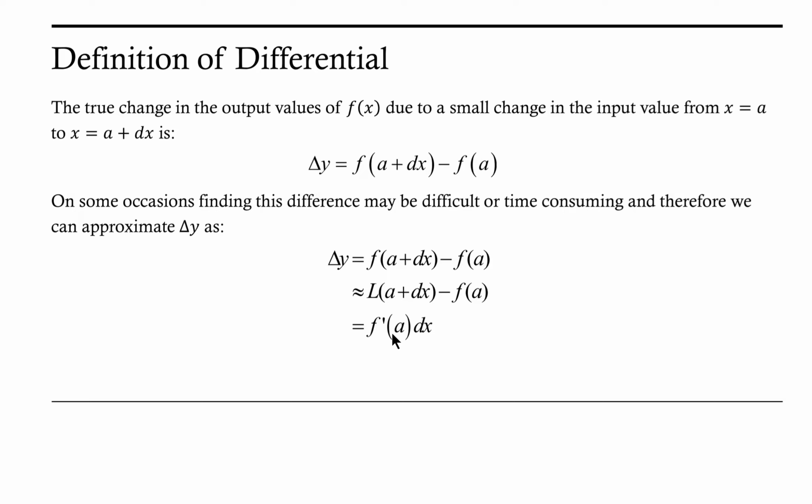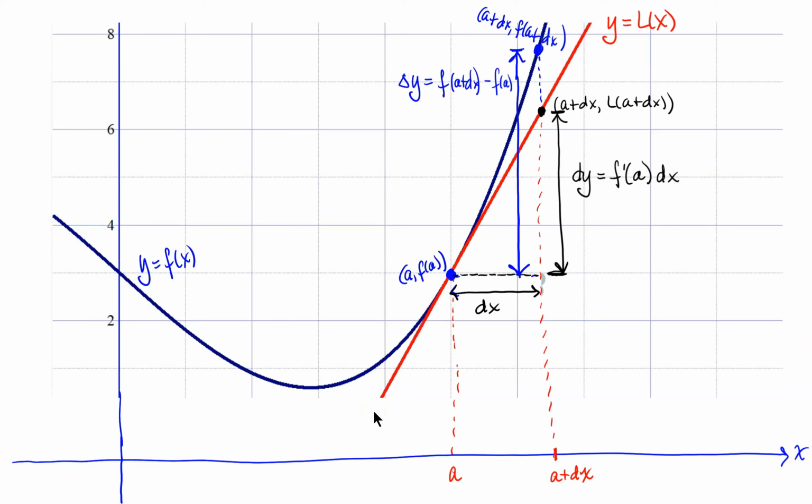So in essence, we can say that delta y is approximately equal to f prime at a times dx. So that was a lot of words and symbols, and let's take a look at a visualization to try and make sense of what's going on here.